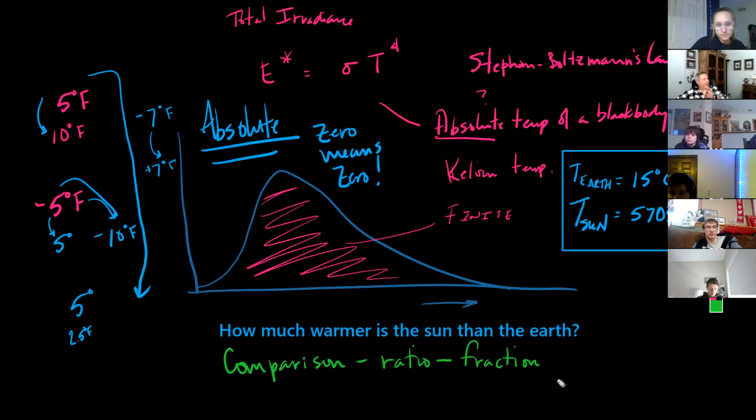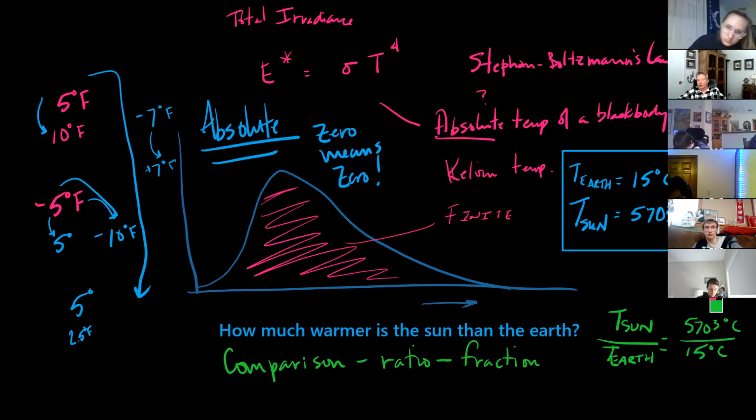So in order to answer this, you say it's the temperature of the sun divided by temperature of the earth. So 5,703 degrees Celsius divided by 15 degrees Celsius.